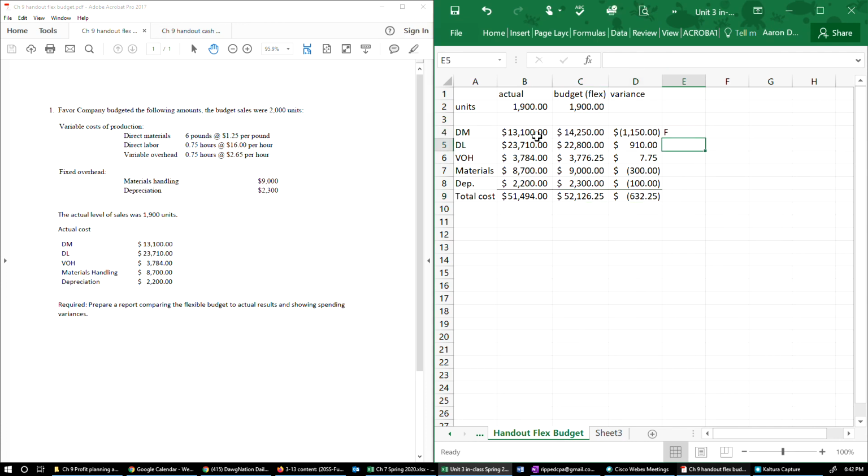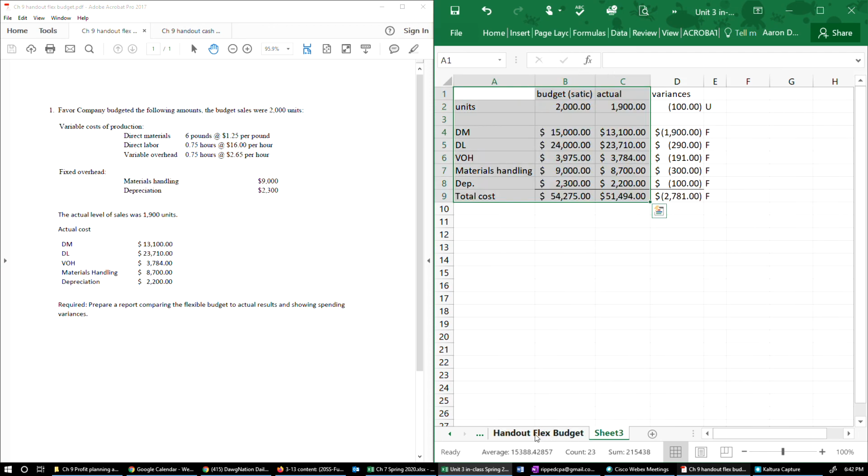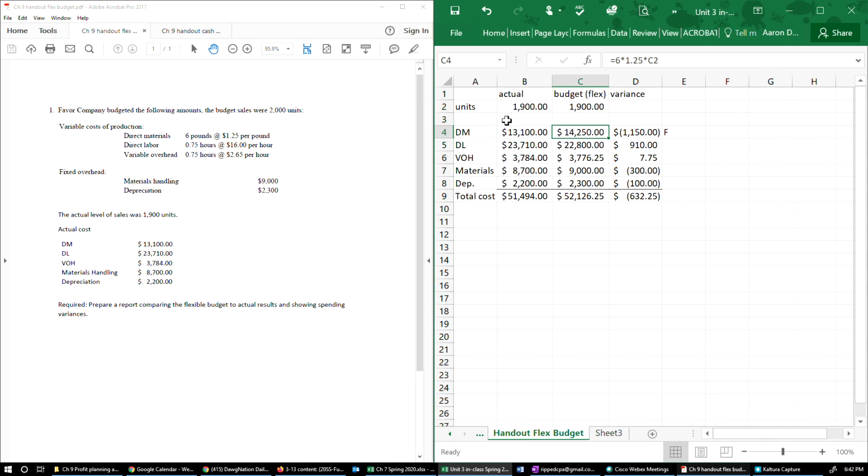All right, and this is favorable because the budget for 1,900 units is 1,425. Yes, 1,425. You actually spent 13. So with this, we know that one of two things happened, and this is what we're actually going to figure out in the next unit.